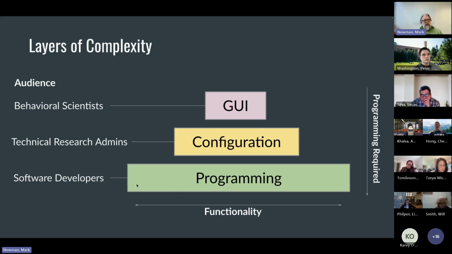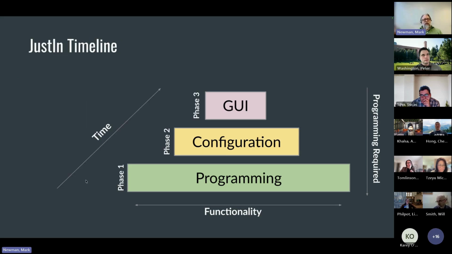And then of course there would be functionality that still requires software development, but potentially at a much lower cost and effort than the current state of the art. So these are phases over time.